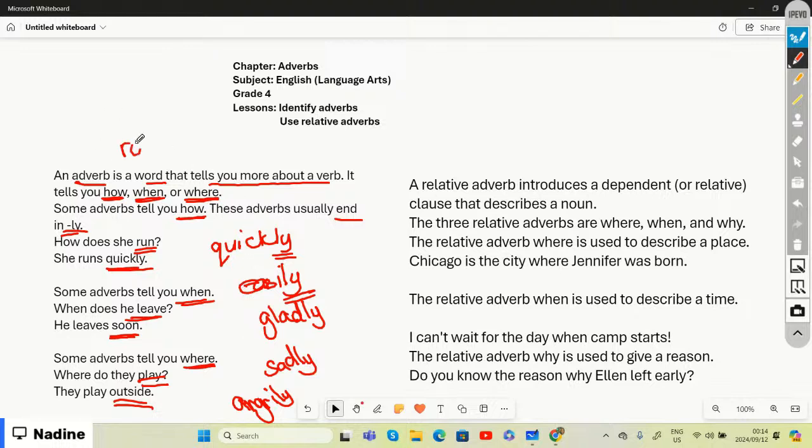We can say roughly, and patiently. I patiently wait on something or someone.